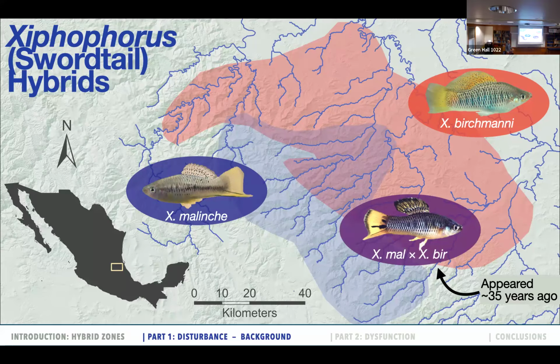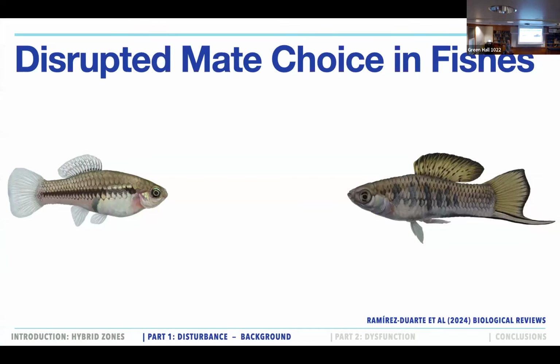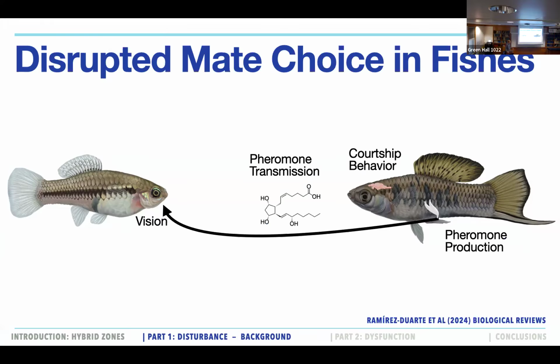And there's plenty of hypotheses of what that change might be because there's a lot of ecotoxicology literature on how water chemistry can affect fish's mate choice. In these Xiphophorus, I mentioned that they have visual signals, so they have their big fins and their swords and their pretty colors, that is being displayed by courtship behavior that is perceived by the female. They're also producing pheromones that are transmitted through the water to the female's olfactory system and then processed by the brain.